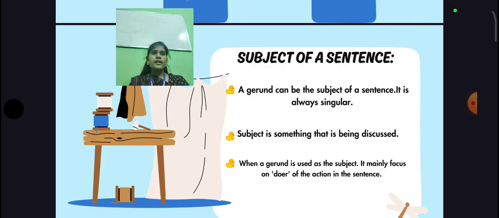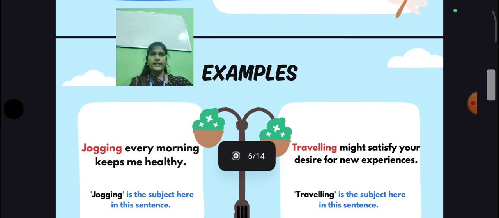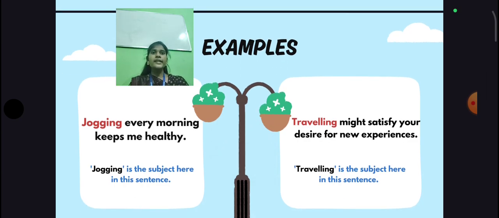When a gerund is used as a subject, it mainly focuses on the doer of the action in the sentence. In general, a verb focuses on the action, but here the doer of the action is given more focus. For example, jogging every morning keeps me healthy.